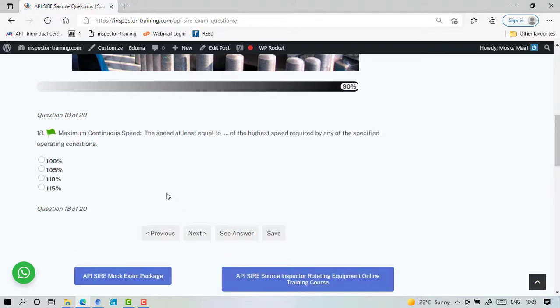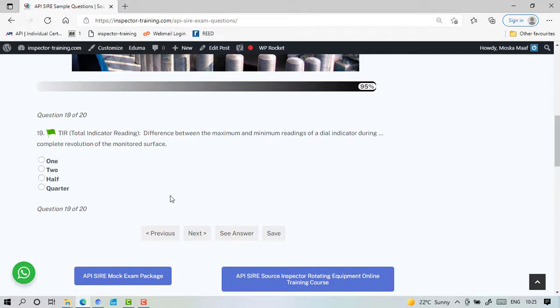Maximum continuous speed is a speed at least equal to 105% of the highest speed required by any of the specified operating conditions. After that, there is a trip, meaning to trip the compressor, not to destroy or damage it. So after 105% normally you have a trip speed, and that's the maximum continuous speed.